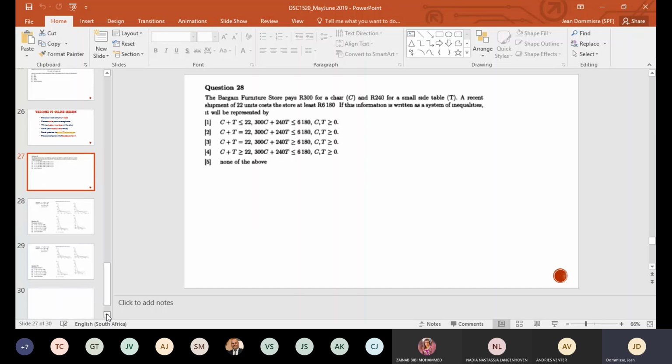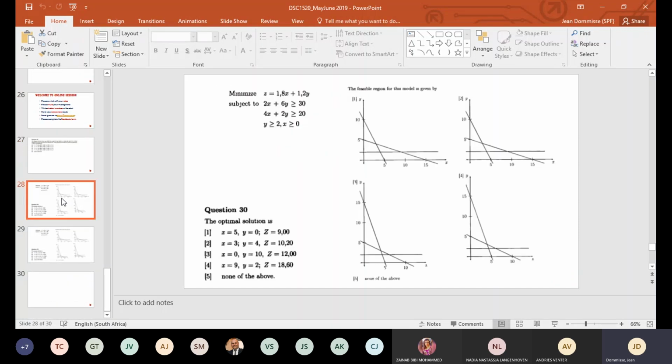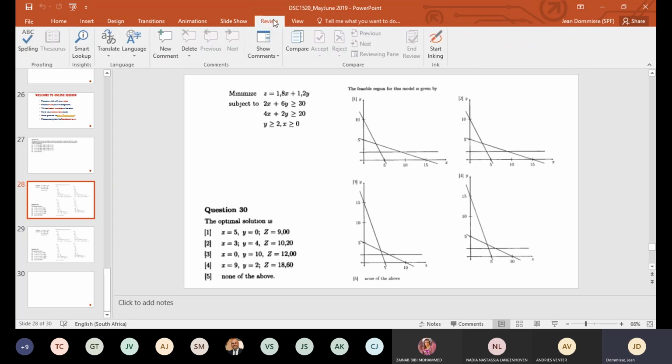So I thought I'm first going to look at questions 29 and 30 that everybody was talking about on the WhatsApp group. As you will see, between these two there's actually no difference.